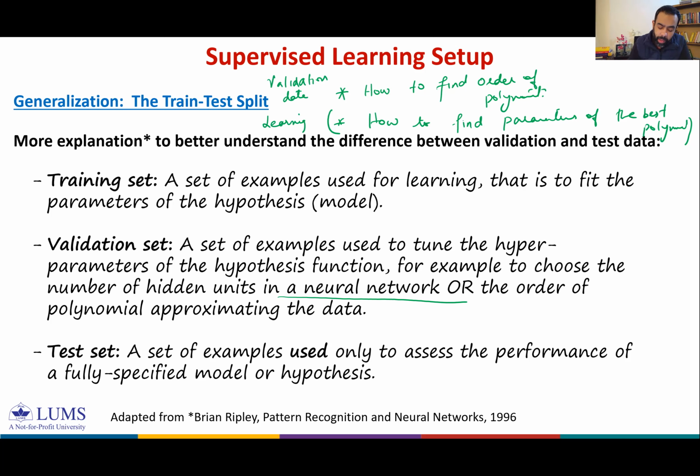And once you have selected the polynomial order, once you learn the parameters of the best polynomial, then you evaluate the model on testing data to evaluate the performance, कि model कितना generalized है.